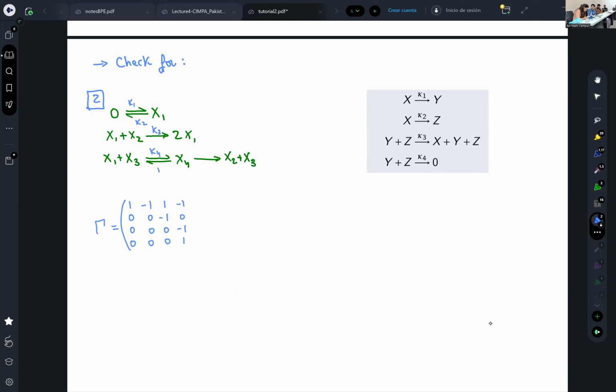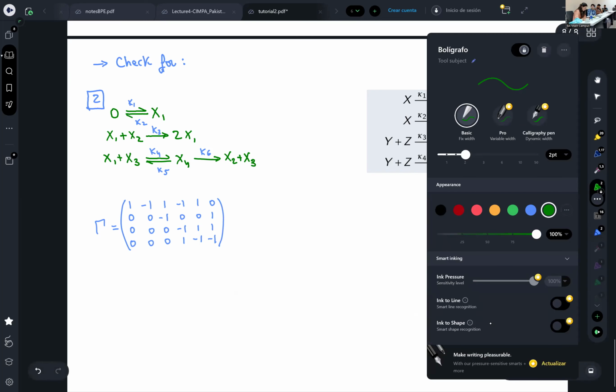And the fifth one is just the reverse, so I just need to change signs. Last reaction, I would get one of these two and lose x4. So this is the stoichiometric matrix.